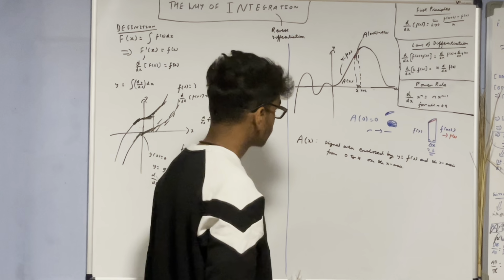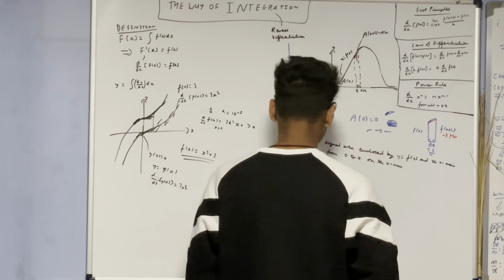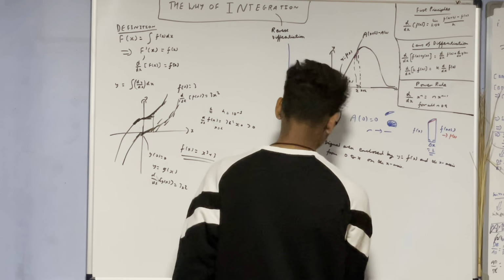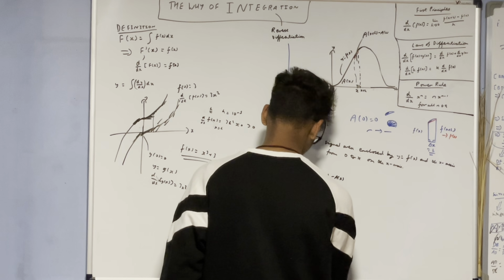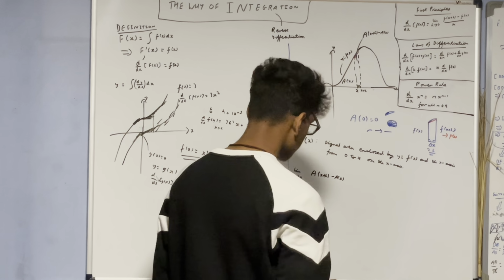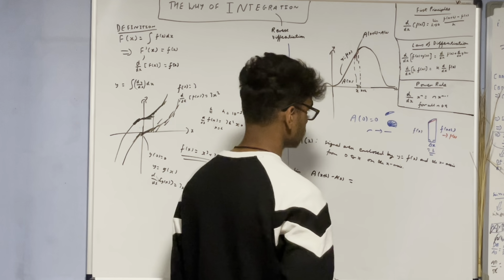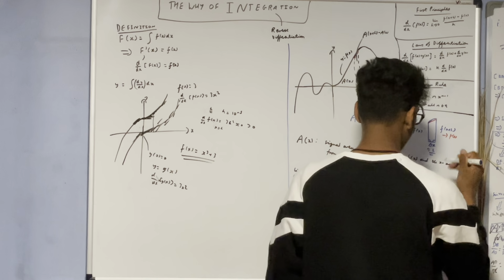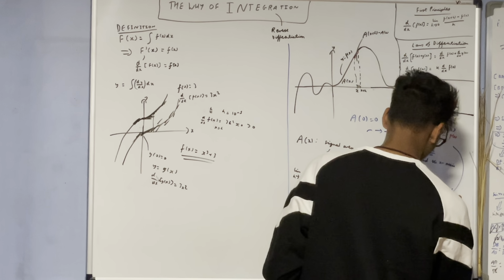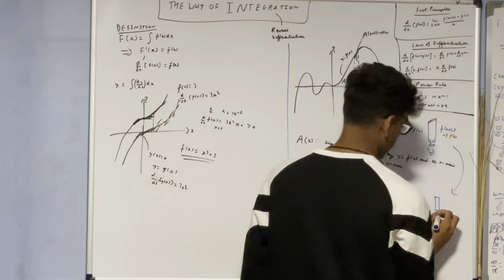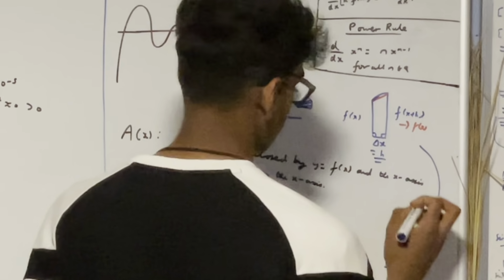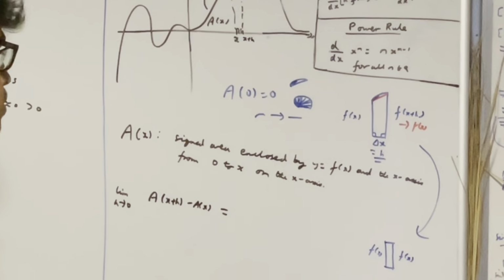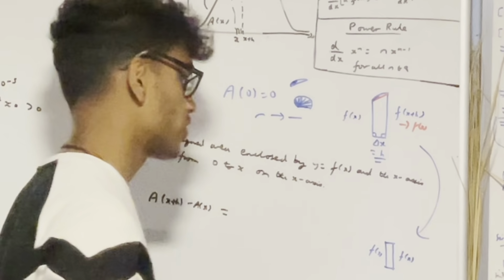This area of A of x plus h minus A of x, in the limit as h tends to 0, is practically equal to the area of a trapezium, or if I bring this down here, more accurately, it's almost like we've got the area of a rectangle, since this tends to f of x, and a rectangle is basically just a special trapezium, right? Because these two sides are still parallel to each other.